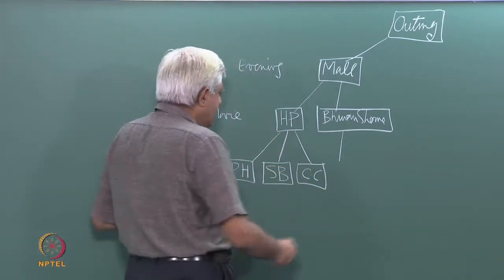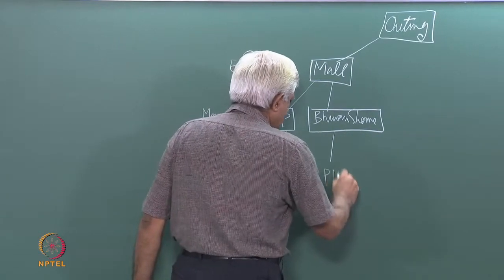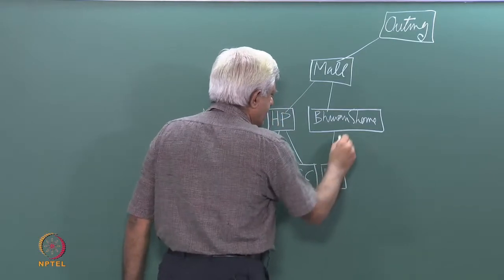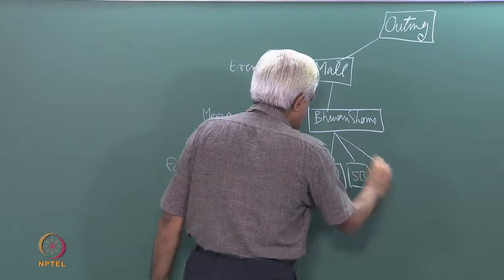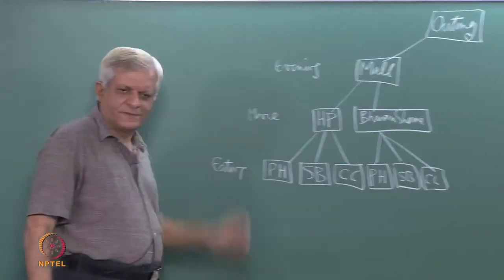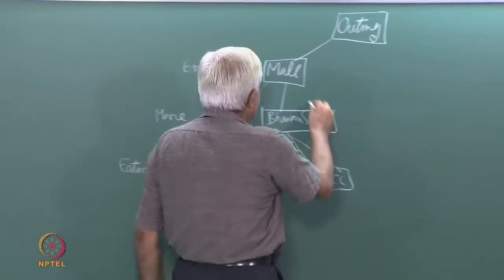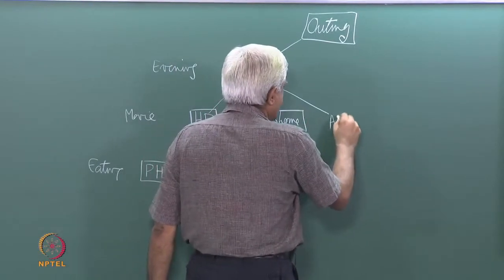So, again you give these offers. Pizza Hut, his answer is no, Saravana Bhavan, the answer is no, Cafe Coffee Day, the answer is no. Then you try one more movie, let us say AI the movie.